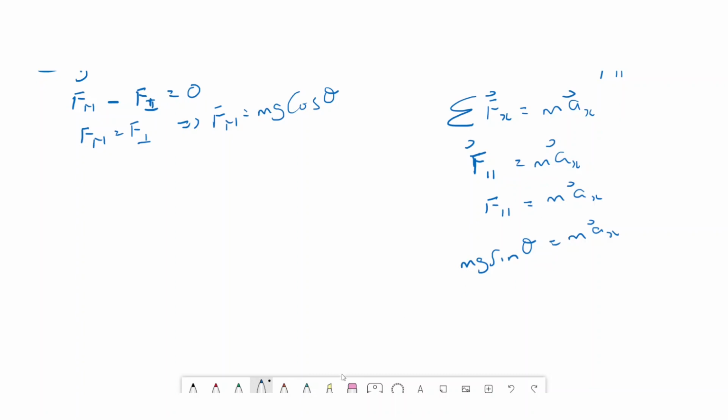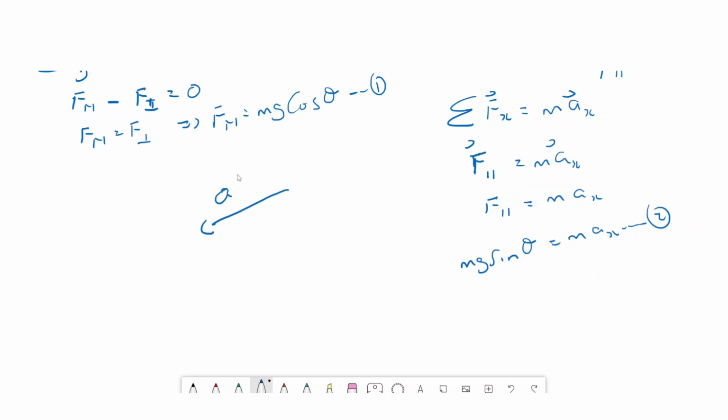If I assume it is going down, then it's positive, meaning that if I'm assuming my acceleration is going that way, I can leave it like that. This is always going to be your equation 1, and this one will vary, but for this case it's equation number 2.